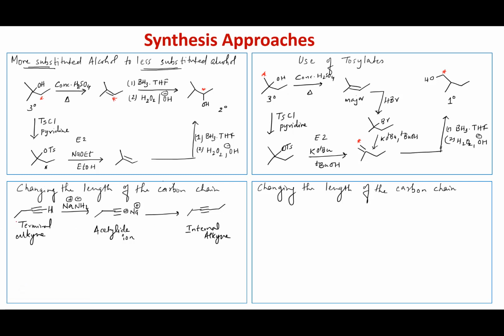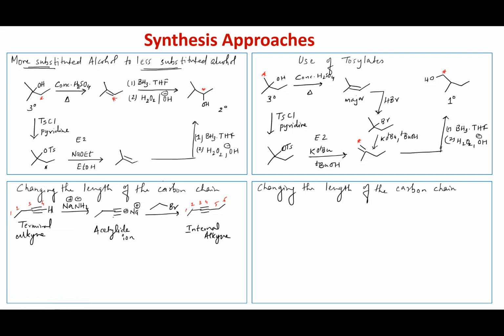Now let's do some carbon count. Let's count our carbons here. The starting alkyne is 4 carbons. The product is 6 carbons, which means we need to bring in 2 more carbons. So to bring in 2 more carbons, I'm going to react this acetylide with ethyl bromide.